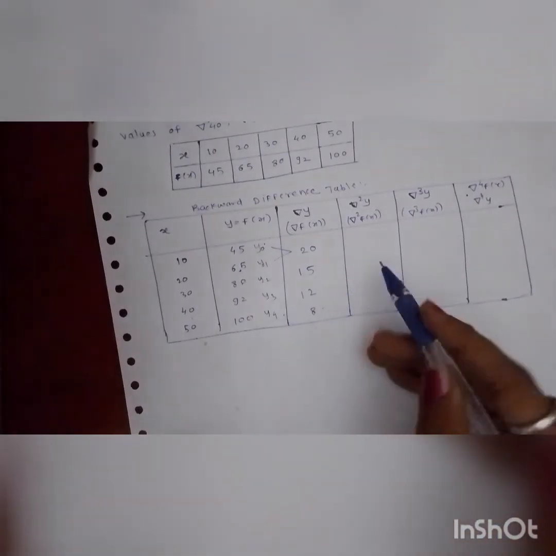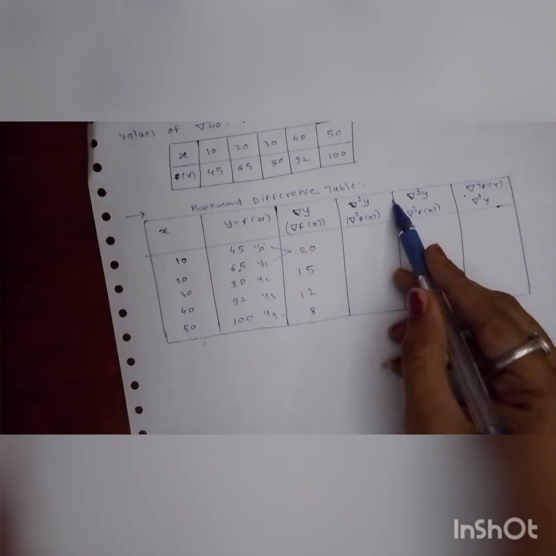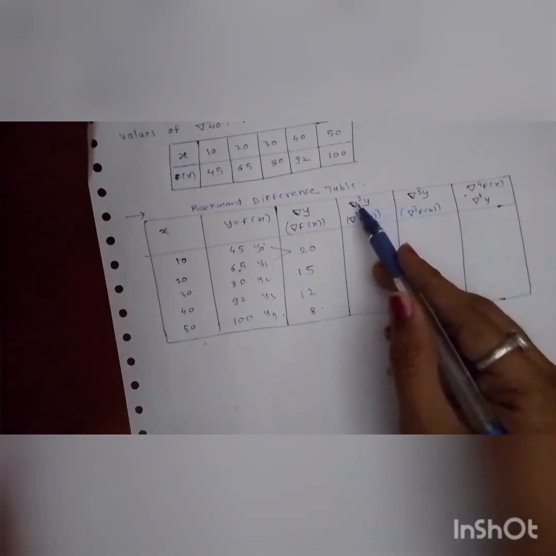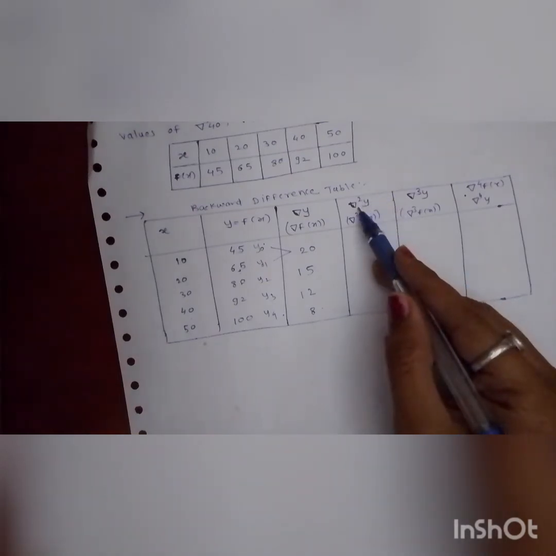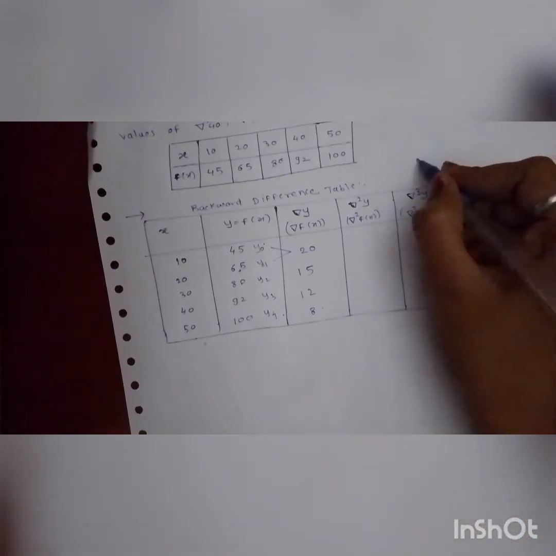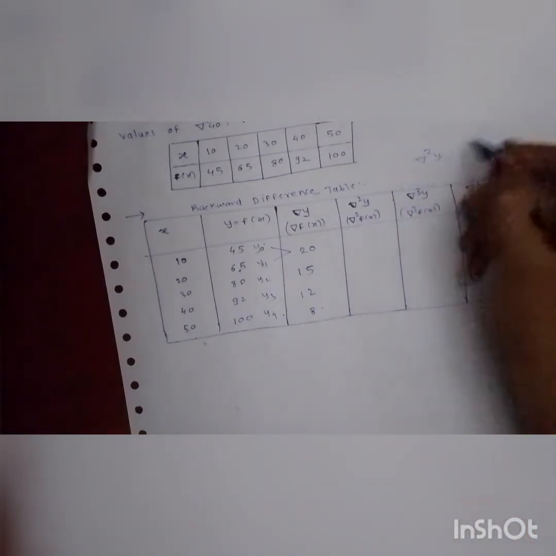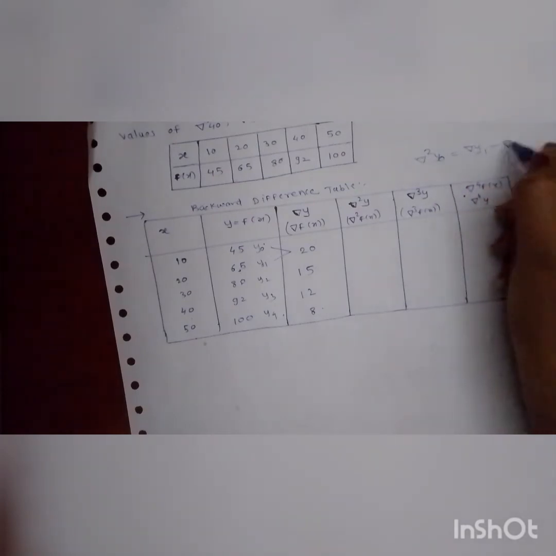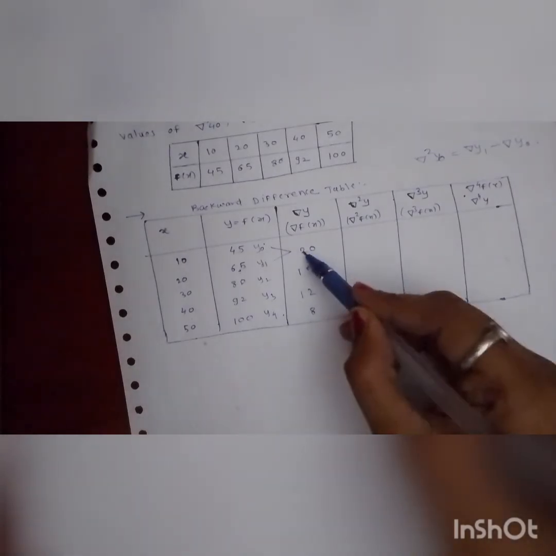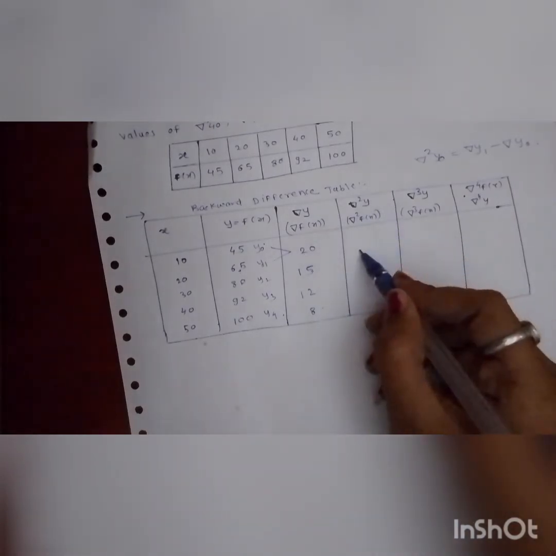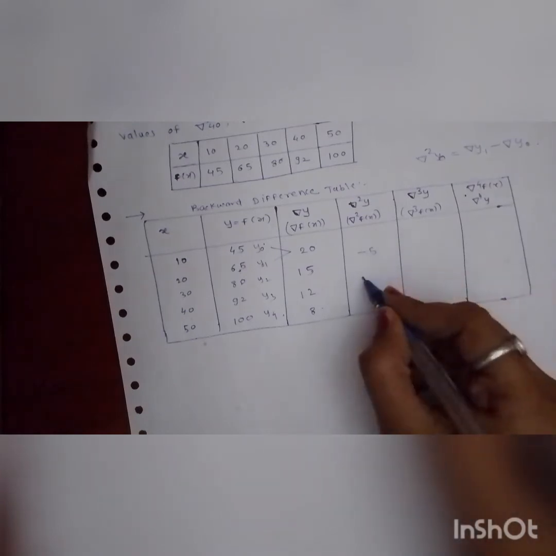Now we calculate the values of del square y. What is del square y? Del square y0 is del y1 minus del y0. So 15 minus 20 is minus 5, then minus 3 and minus 4.